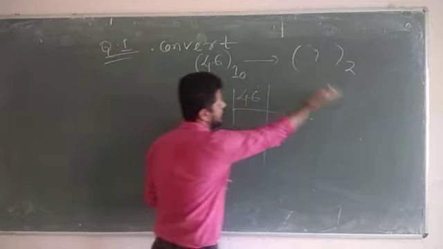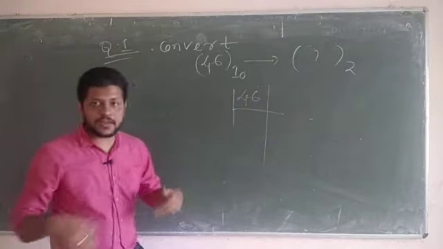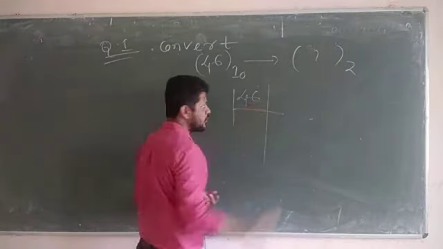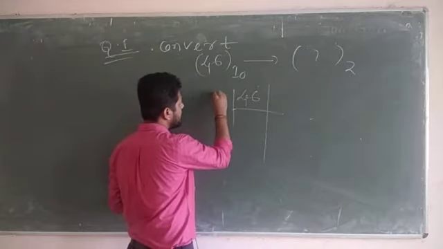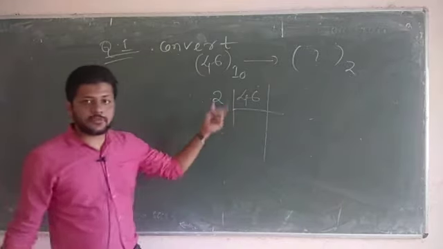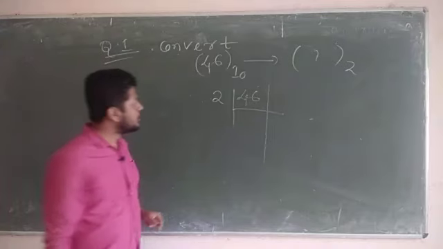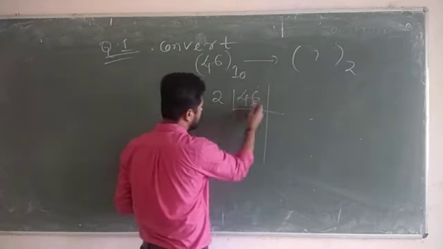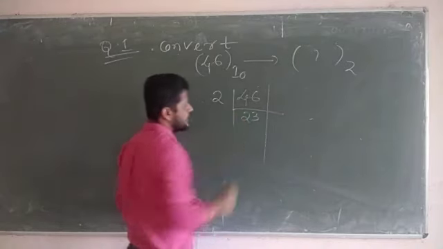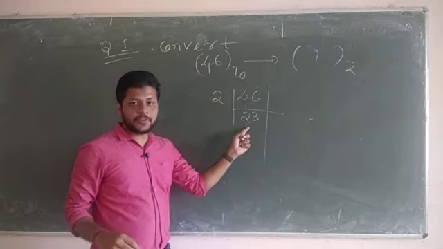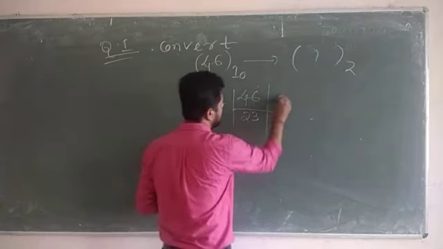So decimal to binary. Whenever we convert a decimal number into binary, first write the number which you want to convert, then divide by the corresponding base. We want to convert it to binary, so divide it with 2. If I divide by 2, write the quotient here: 2 into 23 is 46, and the remainder is 0.